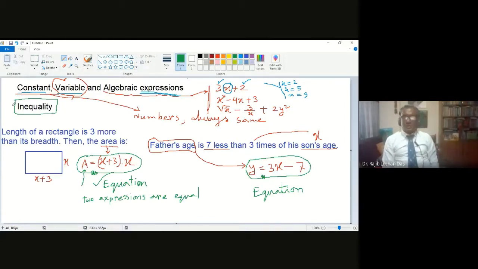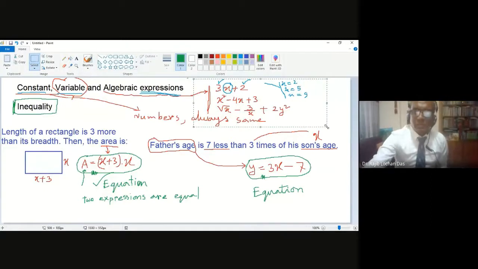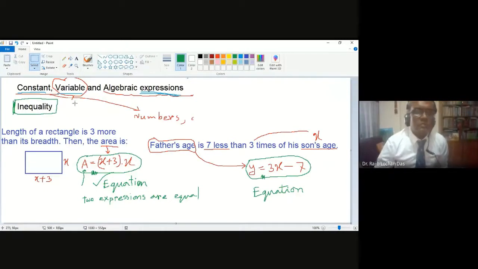There are some calculations for equations also, but today we will discuss inequality, that is not equal. Inequality means not equal. So let us now talk about inequality and show some problems today, and it will be the last topic in the first term syllabus.